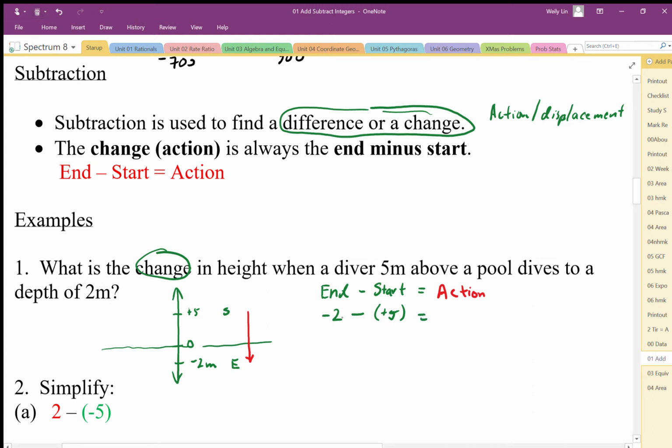You've seen this integer operation before, but now we're just doing the same thing in a different context. -2 minus +5 means -7, which means that we've gone down 7. That answer represents the action of going down 7 from the start to end.